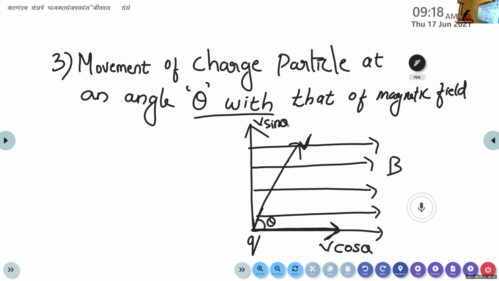Since the velocity is a vector quantity, and here we can see that this velocity vector is inclined at an angle theta because our charged particle enters this uniform magnetic field at an angle theta. That is why this velocity vector is resolved into two components. One is v cos theta and the other is v sin theta.